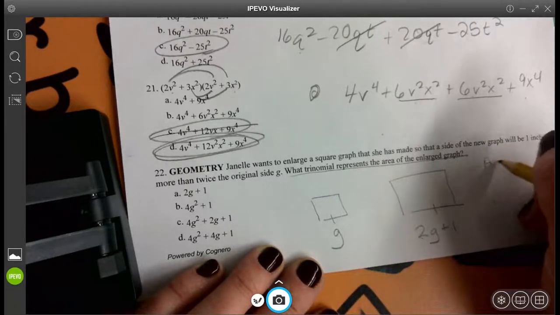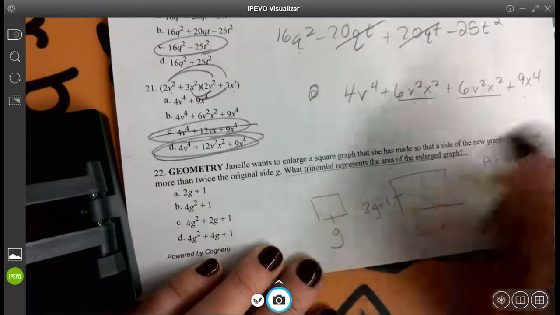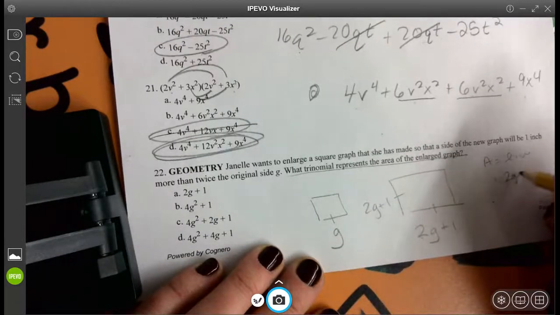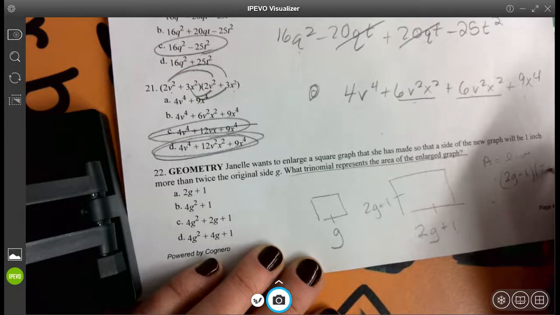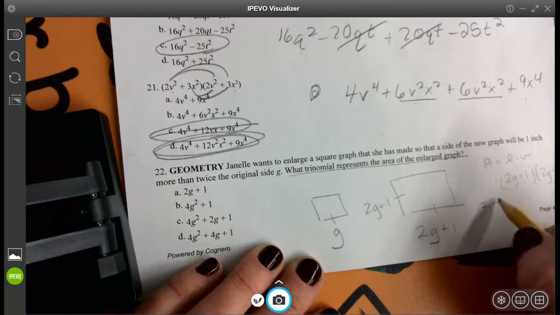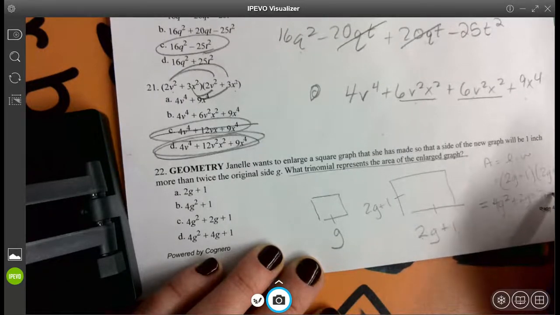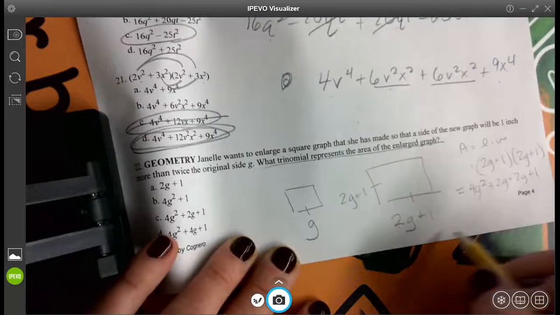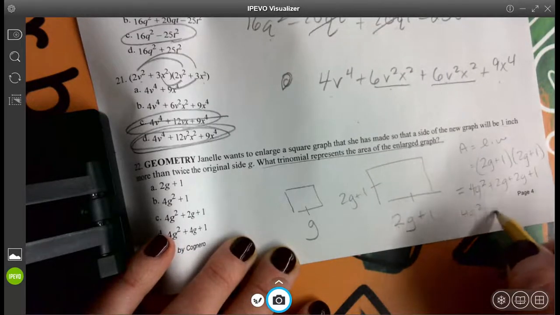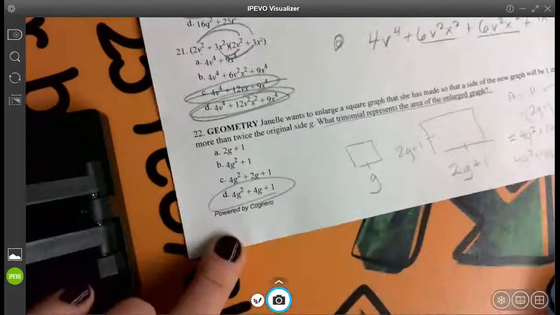Well, area is length times width. We're talking about squares here, so the length is the same as the width. So when I FOIL the binomial, the same binomial twice, I'll end up getting 4g squared plus 4g plus 1. That's it.